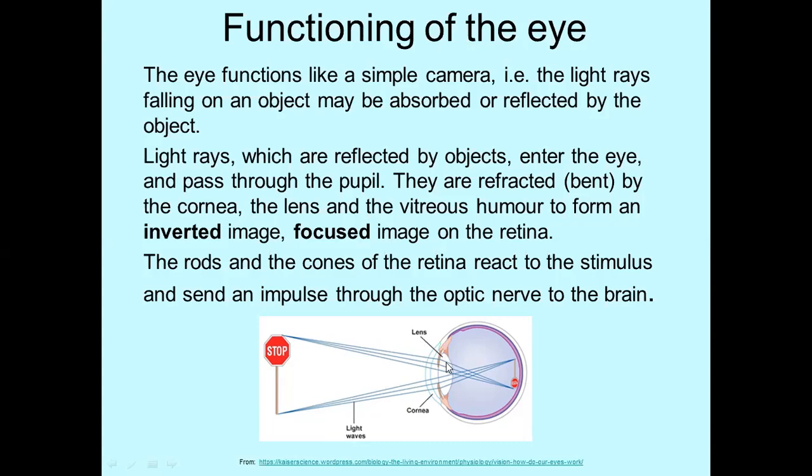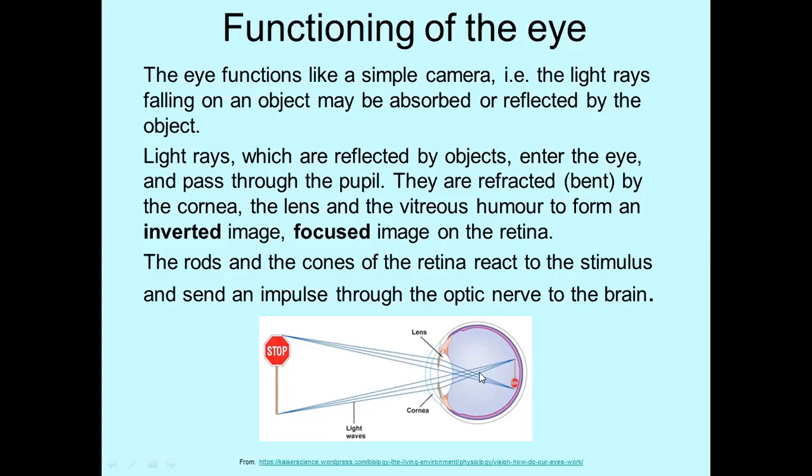They are also refracted by the lens, and that's important. Both the lens and the cornea are curved, and that increases their ability to refract. The greater the curvature of something, the greater its ability to refract.